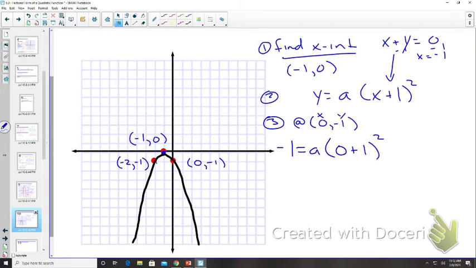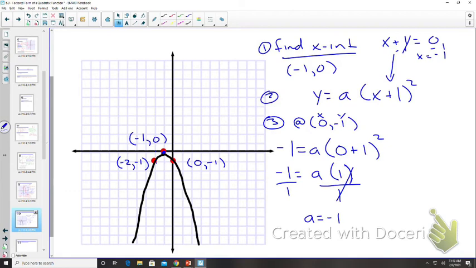Okay, I'm not doing anything to the equation except for substituting in my ordered pair, 0 and negative 1. Okay, so negative 1 is y and x is 0. So now I'll just solve for a. So 0 plus 1 is 1. And 1 squared is still 1. So negative 1 is equal to a. A is equal to negative 1.